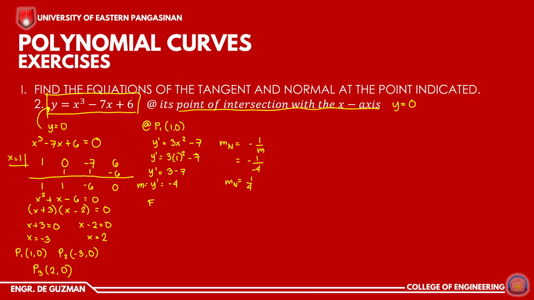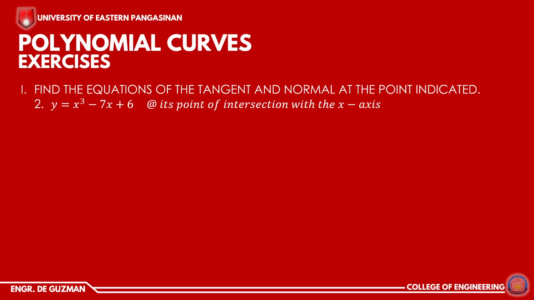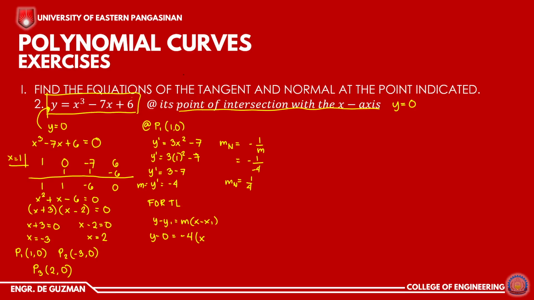For tangent line, for TL, y minus y sub 1 is equals to m times x minus x sub 1. So, y minus 0 is equals to m, or m natin is negative 4. So, negative 4 x minus 1.